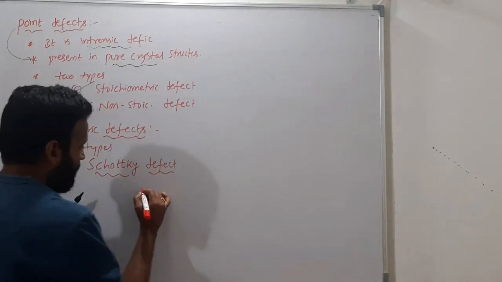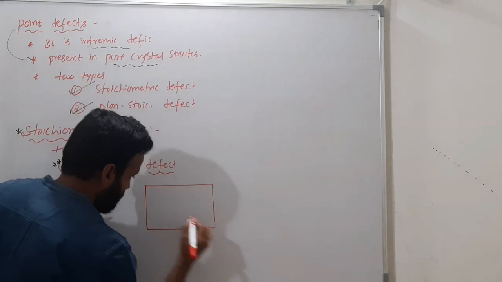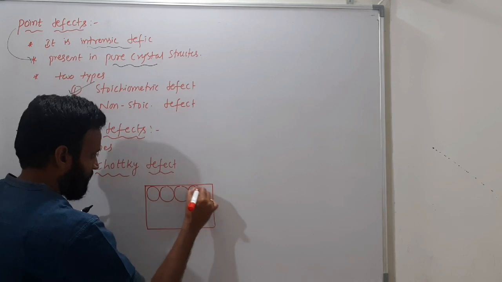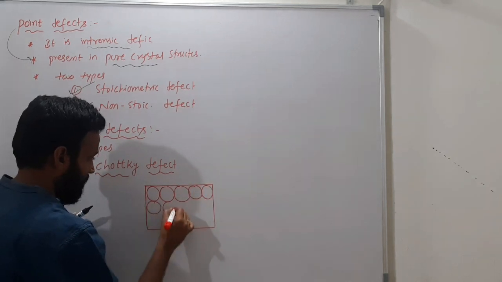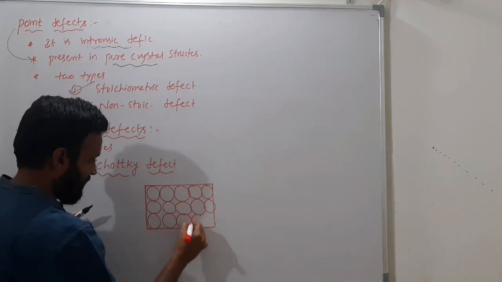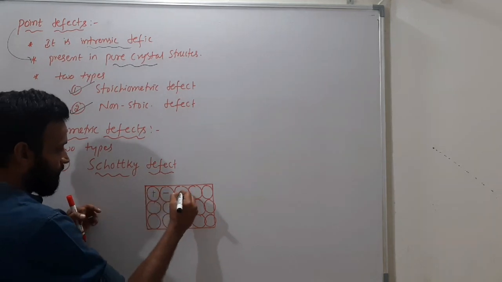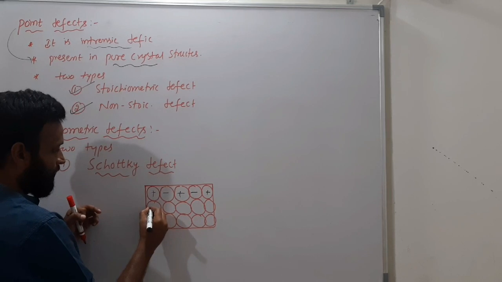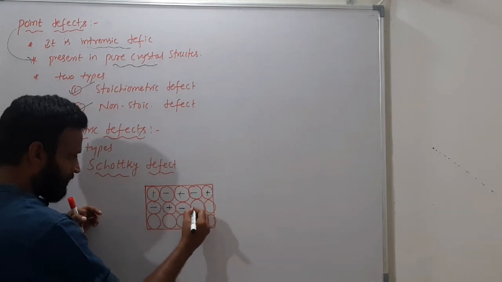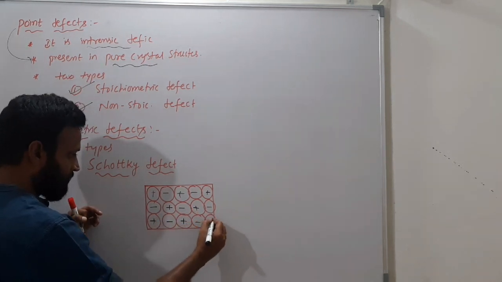So how can you understand the Schottky defect? I'll write it like this. Here I have ions, three layers of ions, just for understanding. Here I have plus, minus, plus, minus, plus, then minus, plus, and here minus, plus, minus, plus, minus, plus, minus, plus.